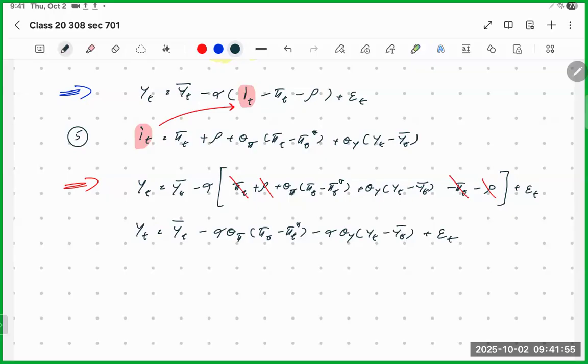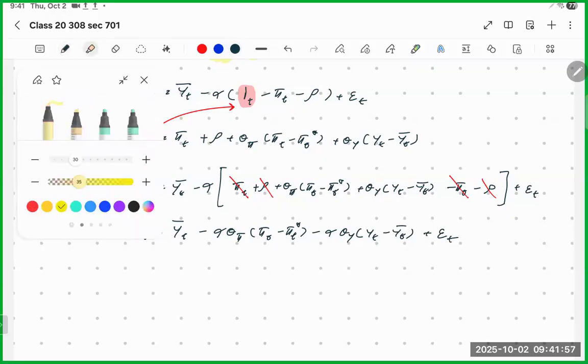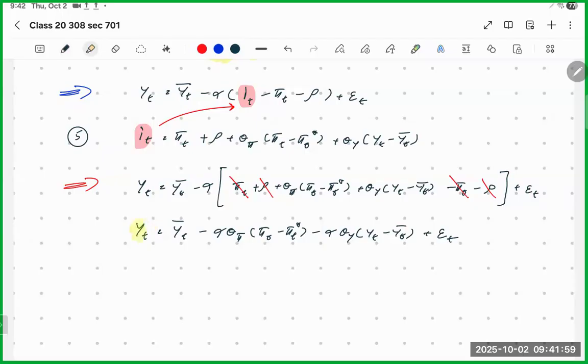Next, you have YT on the left. We're going to bring everything about Y to the left together. So then you're going to get YT minus YT bar, close the bracket, plus alpha theta Y, YT minus YT bar. The rest is the same.